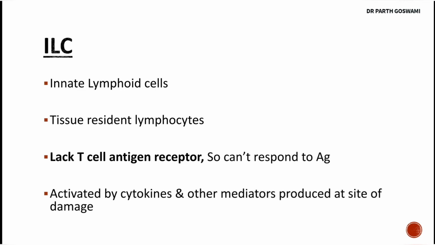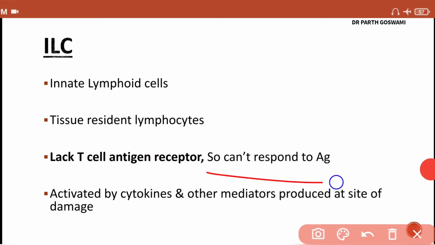All right, now we will see what innate lymphoid cells are. So guys, ILCs, innate lymphoid cells, are tissue resident lymphocytes. They are the lymphocytes that are present in tissue. And these lymphocytes don't have antigen receptors. As antigen receptors are not present, they can't respond to the antigen.